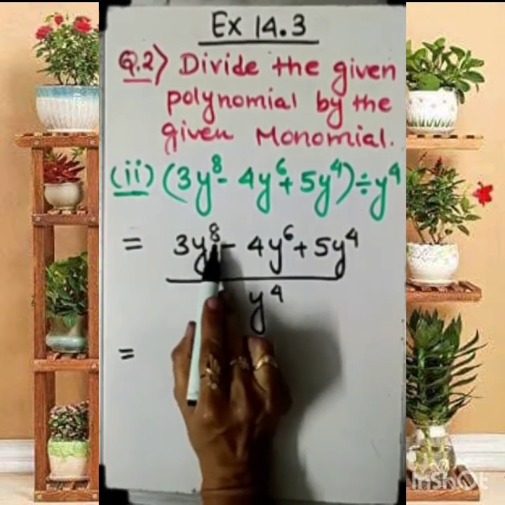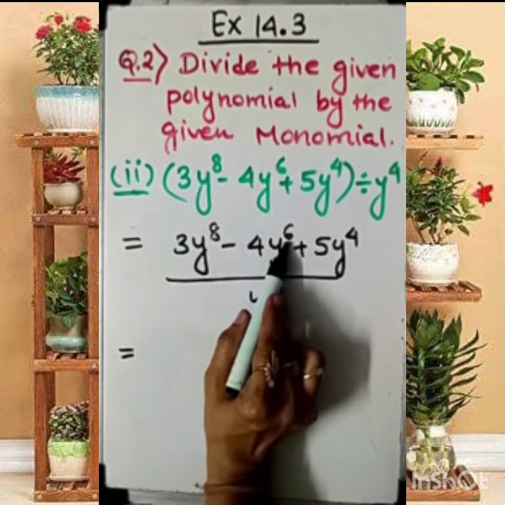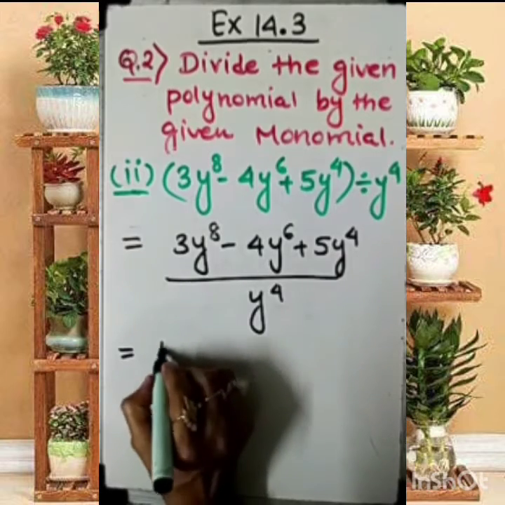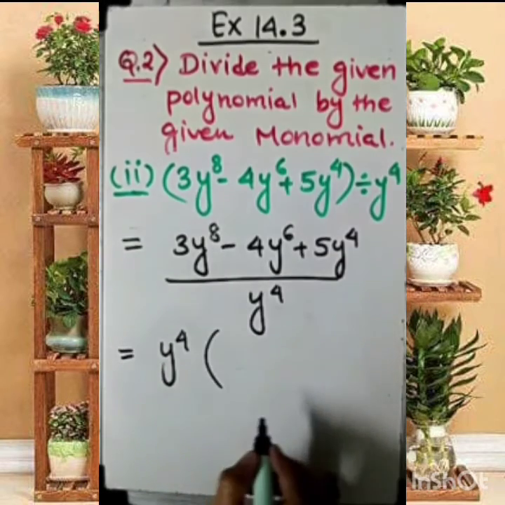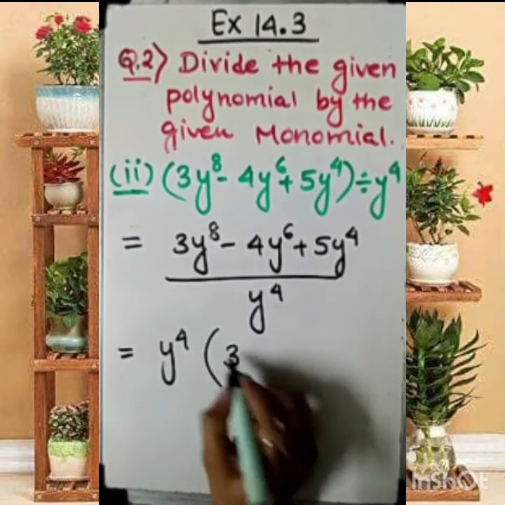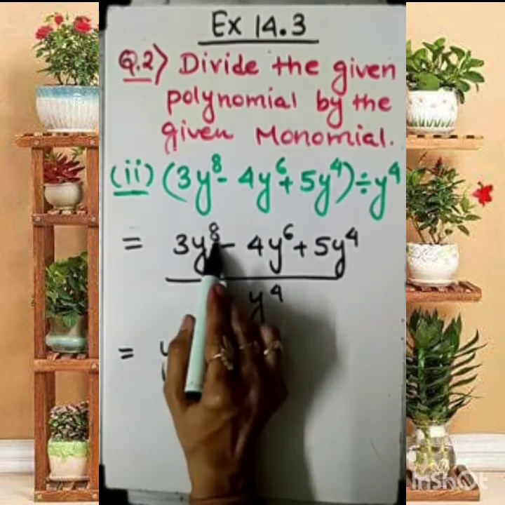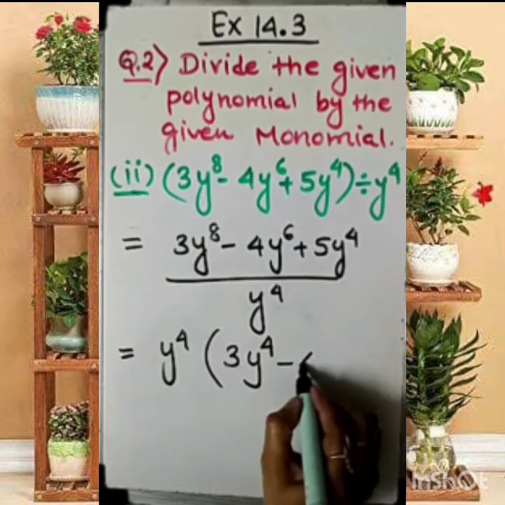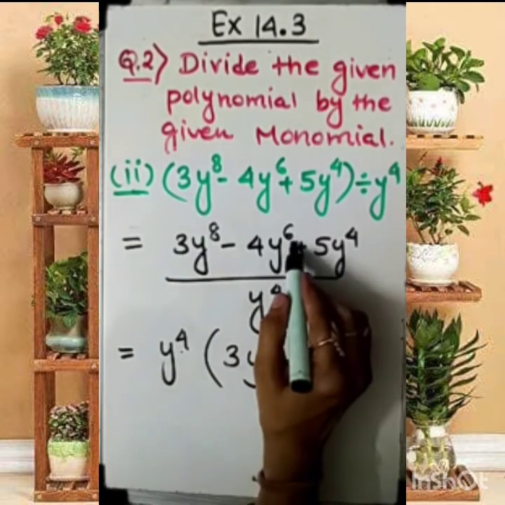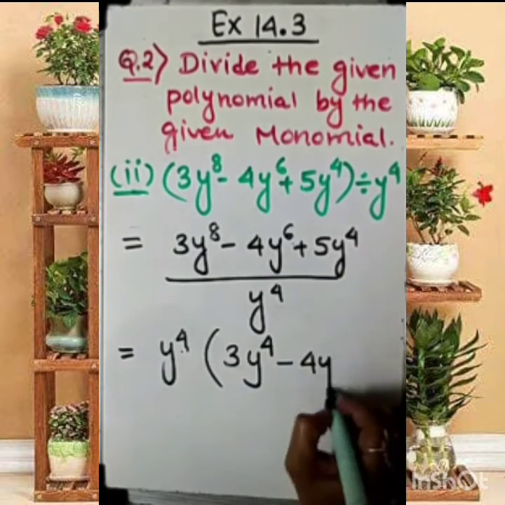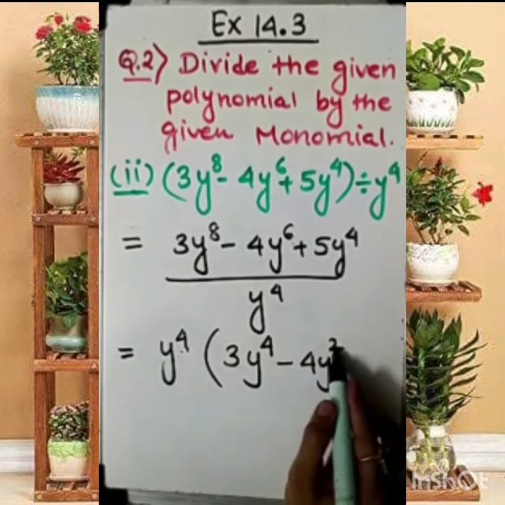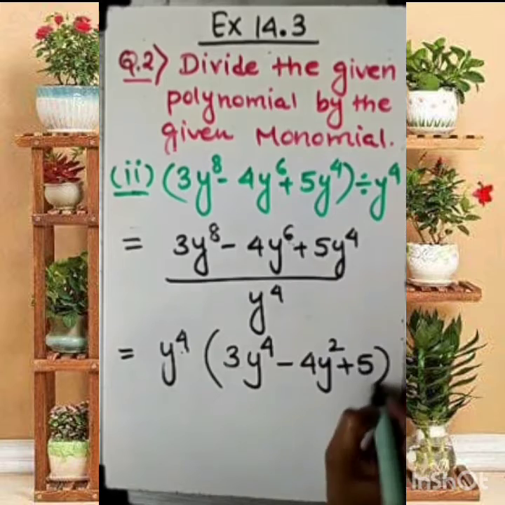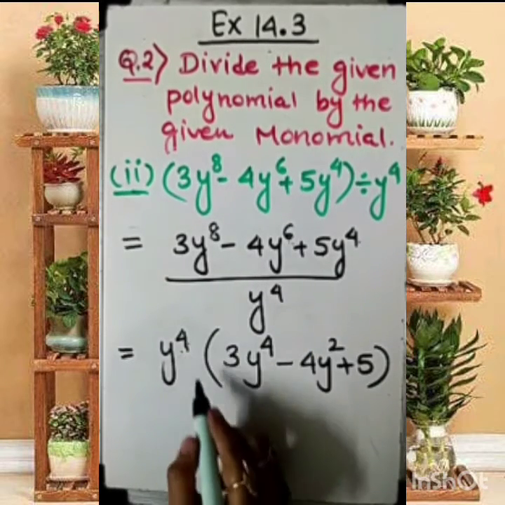Here y has power 8, 6, here is 4. So 4 is the minimum, so let me take out y to the power 4. So here 3 will be left, and if out of 8, 4 part is outside, so y to the power 4 will be left inside. Again here out of 6, 4 are outside, so here it must be 2 because 4 plus 2 is 6. And here 5 will be left only because full y to the power 4 is outside.